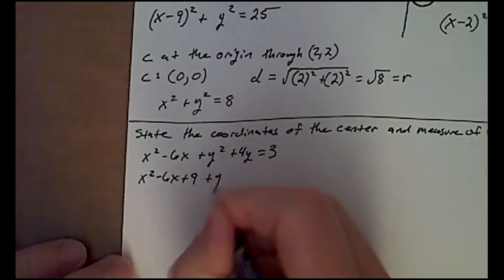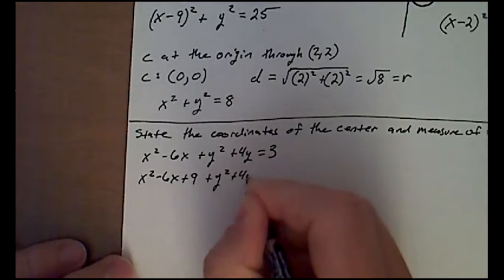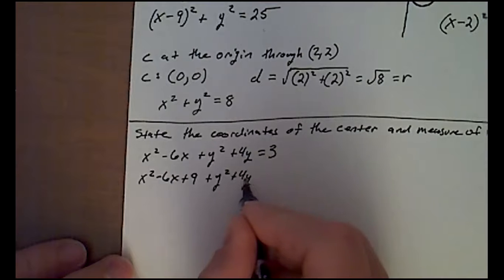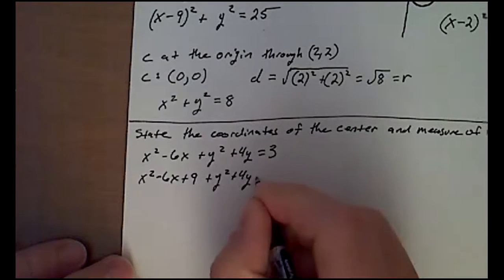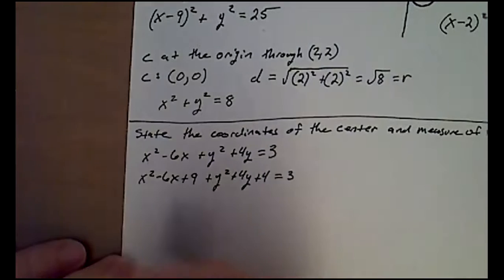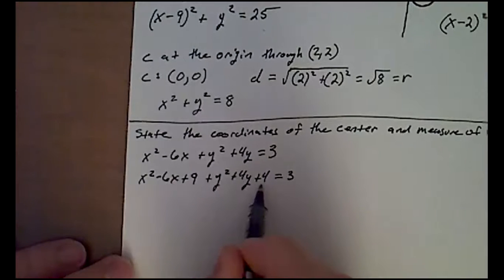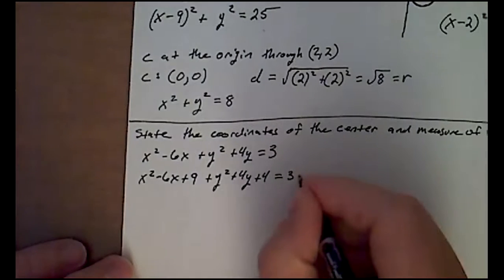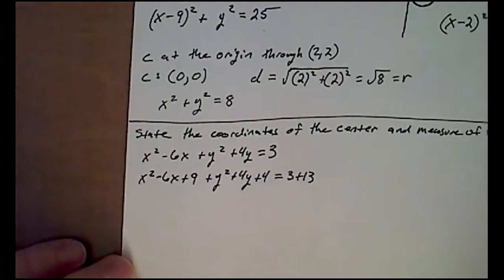Then we have plus y squared plus 4y. Half of 4 is 2, squared is 4. Now what do we do to this side? We added 9 and we added 4, which is 13. So we have to add 13 to the other side as well.